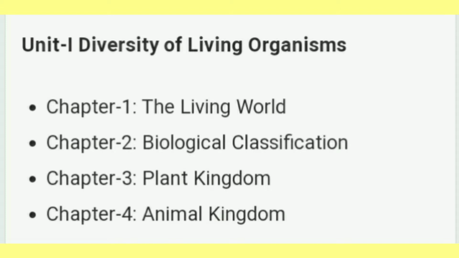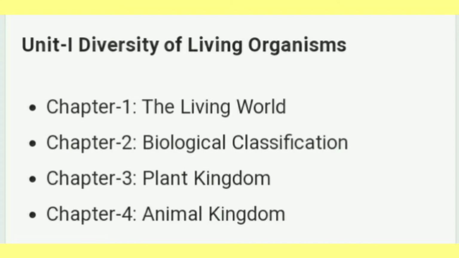You see, out of these 4 chapters from this unit 1, chapter number 1, the living world, has been entirely deleted. Next comes chapter 3, the plant kingdom. From this chapter the entire part is not deleted, but some parts are deleted.